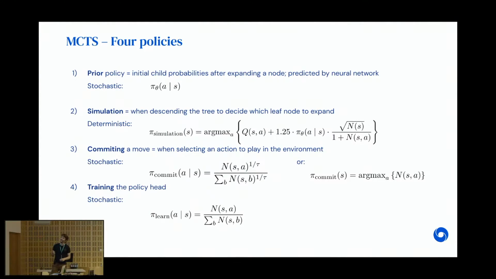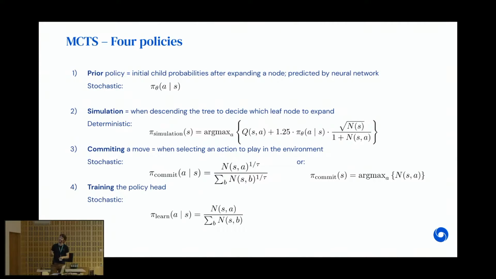But then inside MCTS, we had this concept of a simulation. So how should I descend the tree in order to decide where to expand this tree? That's a deterministic policy, and it's a policy that maximizes this UCB formula, so the trade-off between the Q values and the initial policy. There is no randomness in this. It tells you exactly how to descend the tree. Now, after you have done many of these simulations, you want to decide which move to actually commit in the game environment, and that can be either a stochastic or a deterministic policy.